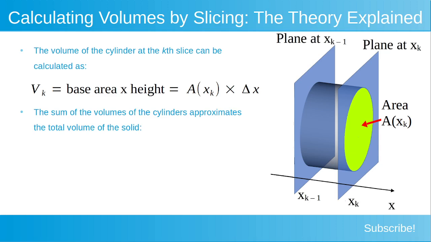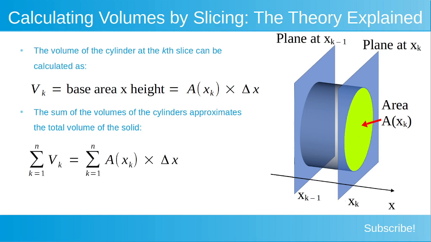The sum of the volumes of the cylinders approximates the total volume of the solid. So the sum over all of our subinterval lengths, or in other words, the sum over all of our slices of the cylinders at those slices, approximates the total volume of the solid.